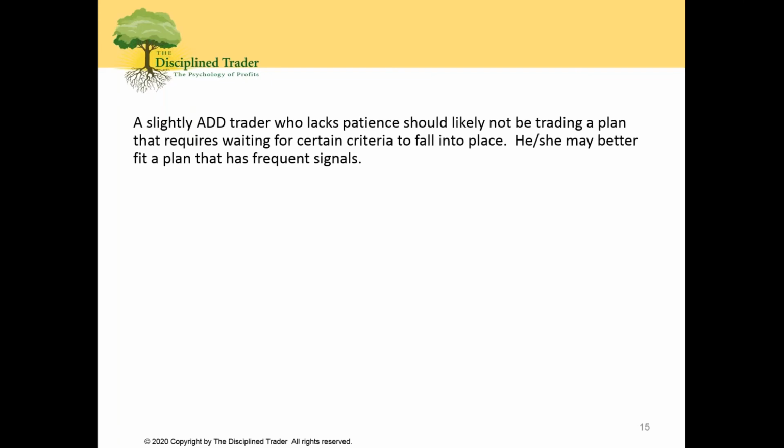I want a system that shows me that confirmation quickly so I can get into a trade. Because I'm not super ADD, but I'm slightly. So I was kind of describing myself here and looking back at plans in the beginning that didn't work for me. It was ones that involved the line crossing another and two averages and the volume being there and the RSI falling into place.